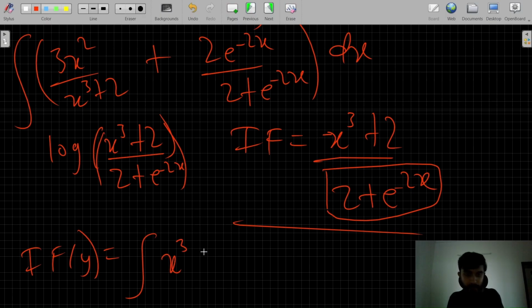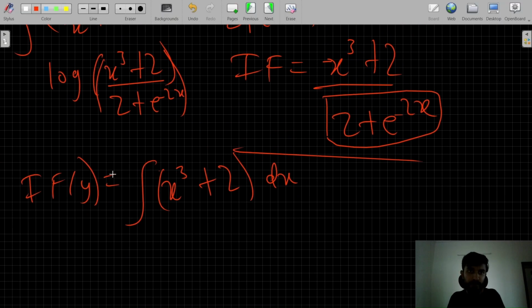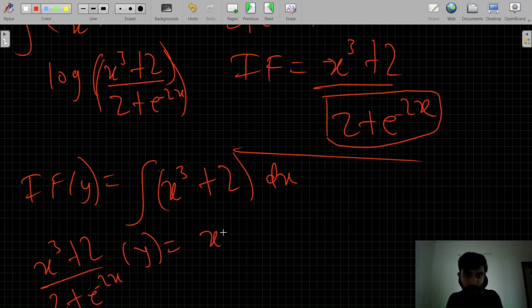So while solving, if terms end up cancelling or simplifying on their own in a question, you know that what you're doing is right. So we get this x cubed plus 2 dx, which is very simple. x cubed plus 2 divided by 2 plus e power minus 2x multiplied by y is equal to x power 4 by 4 plus 2x plus c.